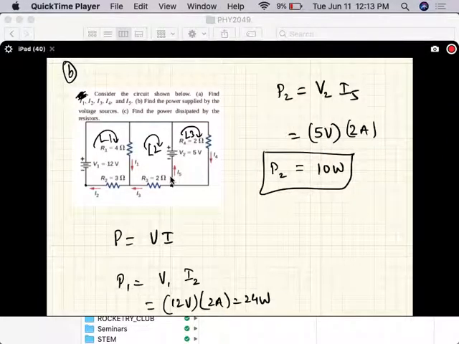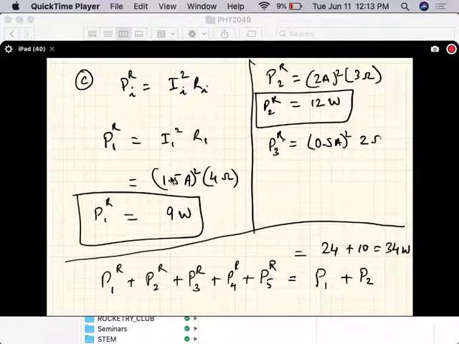What is R3? 2 ohms. That's 0.25 times 2, 0.5 watts.